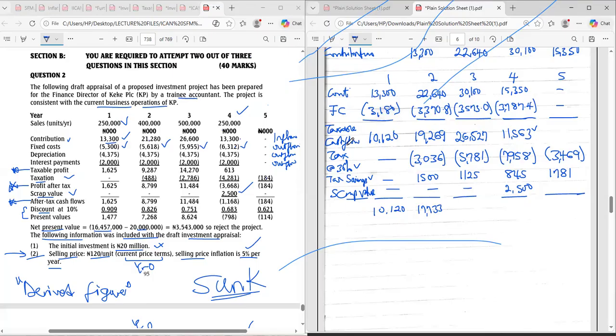So this is your taxable cash flow. So this minus this plus this. So you are doing everything like this. The other one is what? This second one here. 21,871.